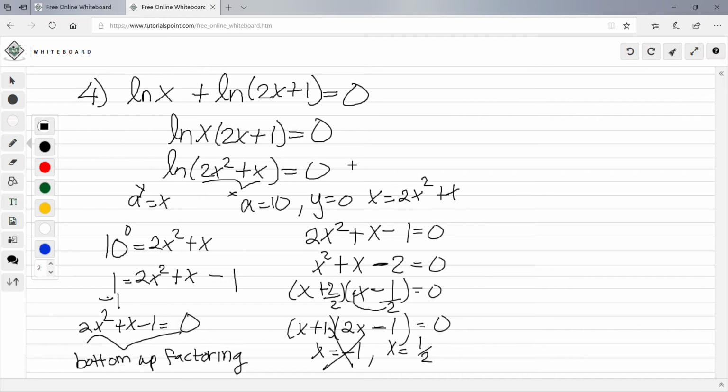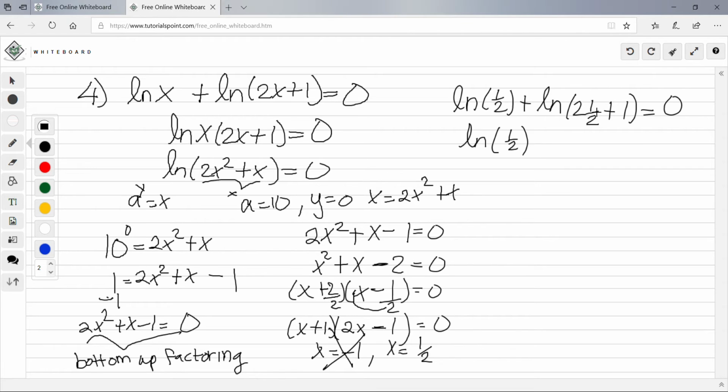Now let's try the 1/2. So ln of 1/2 plus ln of 2 times 1/2 plus 1. So 2 over 2 is 1, plus 1 is 2.